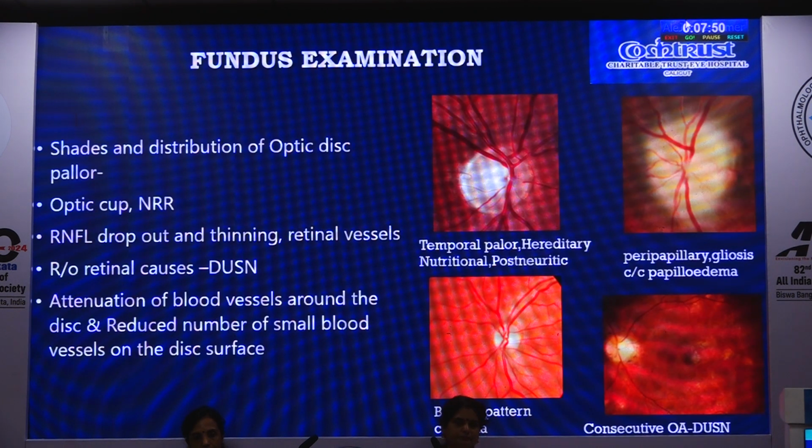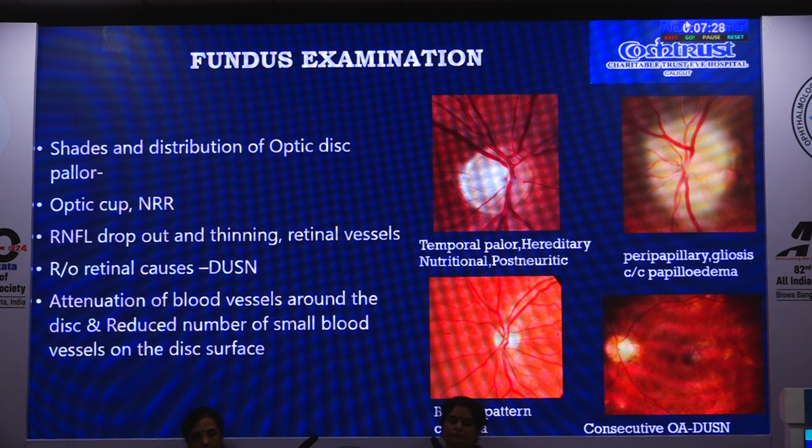Coming to the examination of the disc, the shades and distribution of optic disc pallor are to be noted. As you see here, temporal pallor may point to a hereditary or nutritional deficiency or a post-neuritic pallor.